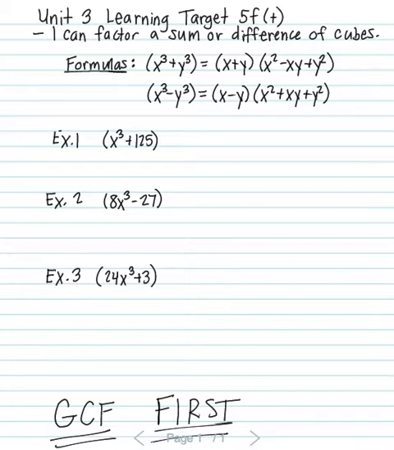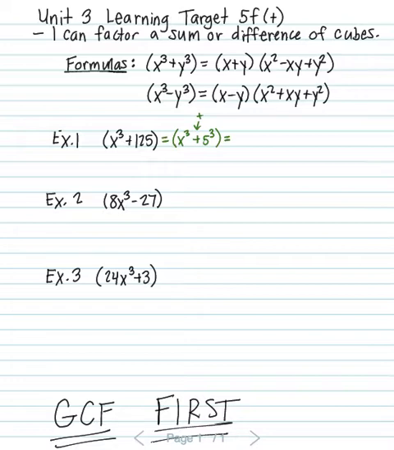Example 1, x to the third minus 125. Well, x to the third is obviously something to the third already. 125, though, you'd have to notice that that's the same thing as saying 5 to the third. So right now we've got a sum, because it's plus, of two things that are cubed.